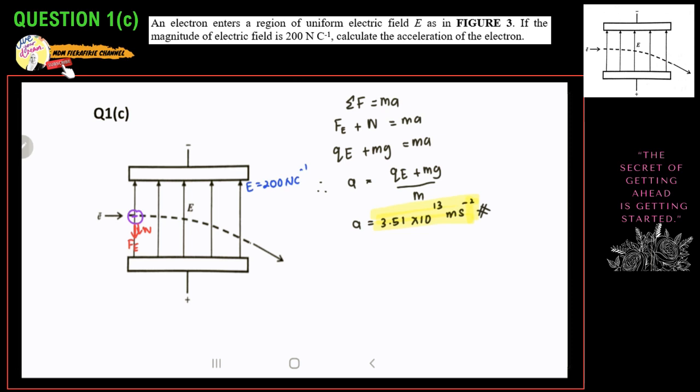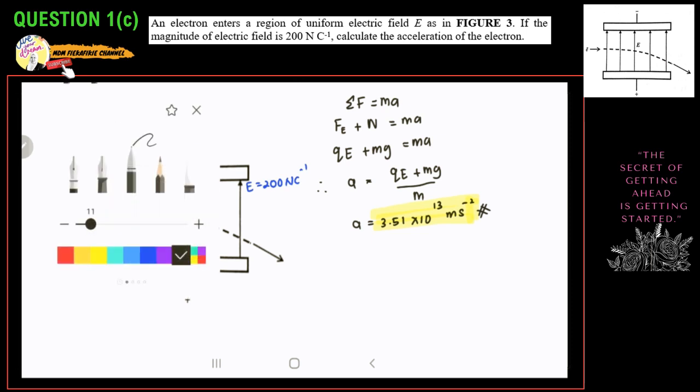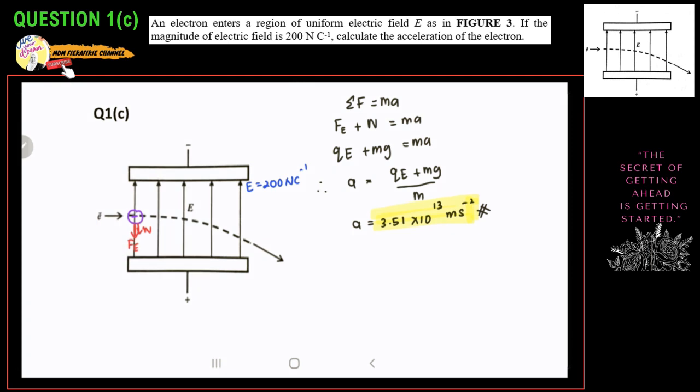Okay, so sekarang what if we try another method? Okay, by using the equation of A, we strictly ignore the weight. So F is equal to MA. So the only force that we consider is the electrostatic force on the electron. And yeah, so QE equal to MA.